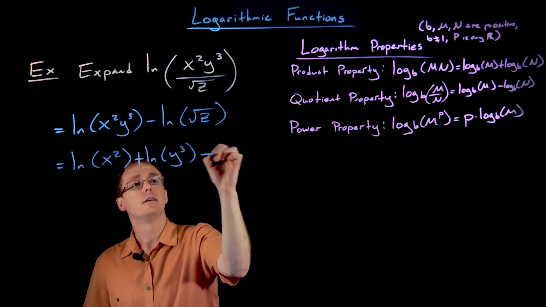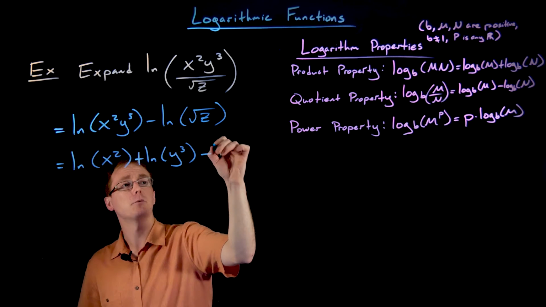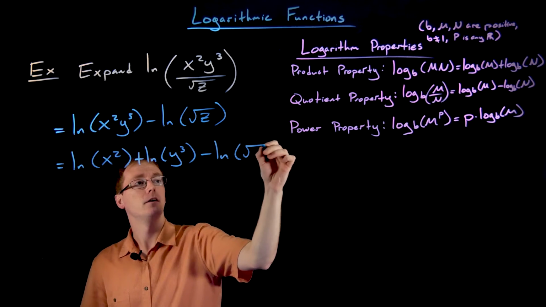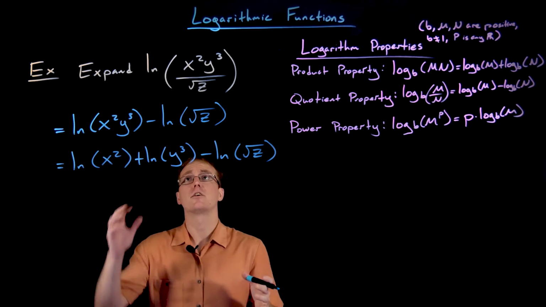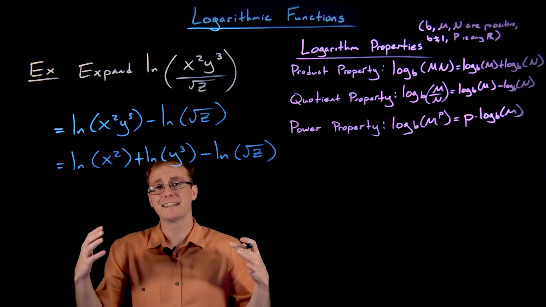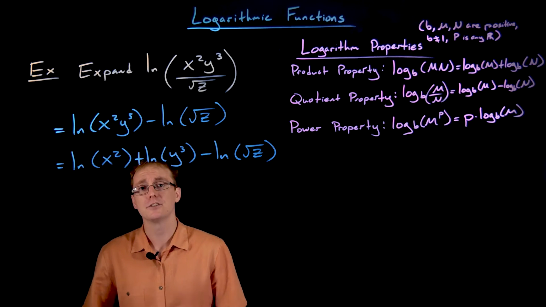And now if we want to have an equivalent expression, we still have to subtract away the natural log of the square root of z. And so we've taken our single logarithm and now expanded it into 3 logarithms. That's as many logarithms as we can really break this into.